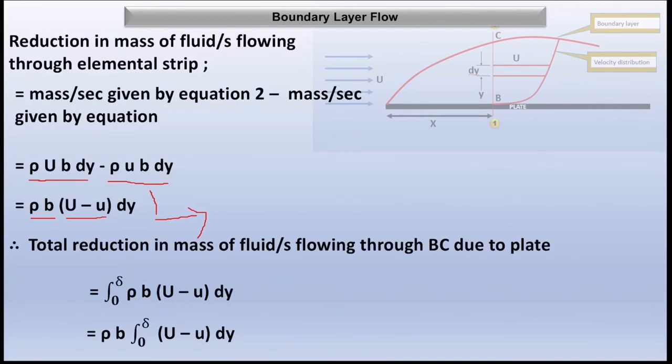For integration, the constant terms will come out of the integration, and the integration from 0 to delta of (U minus u) dy, this equation will give equation number 3, and we are going to use this equation in further analysis.